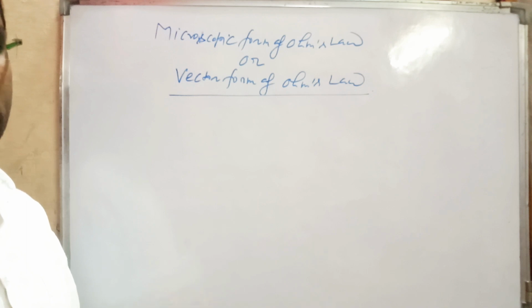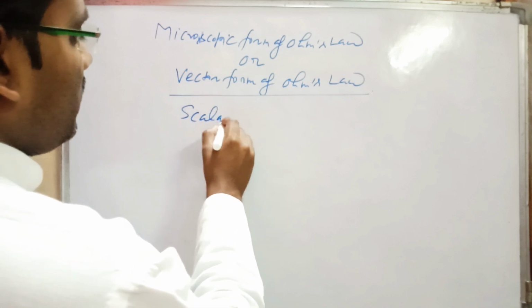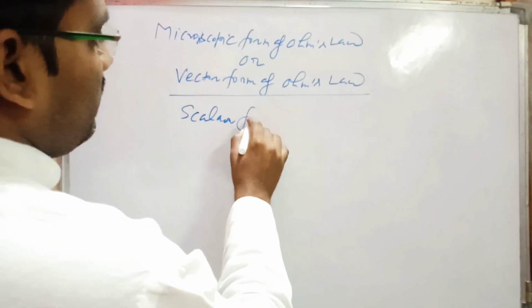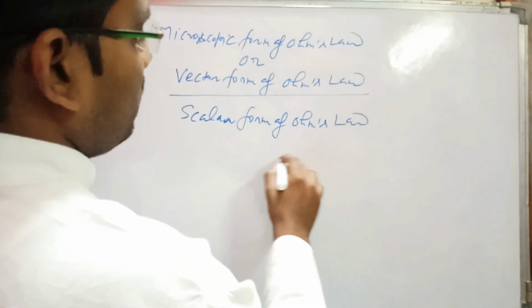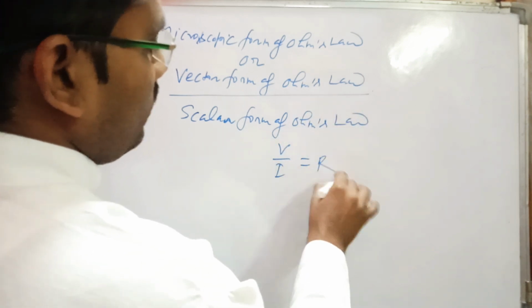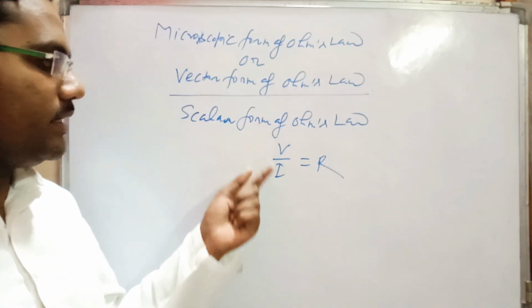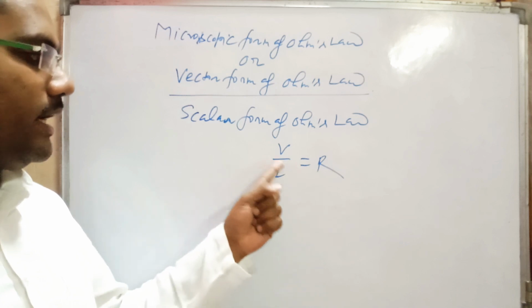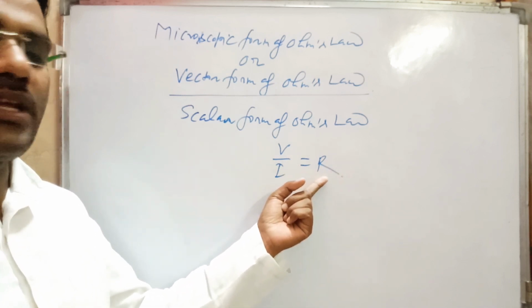That means at constant temperature, the ratio of potential difference to current remains constant and is equal to the resistance of the conductor. This is the scalar form of Ohm's law: V by I is equal to R, where V is the potential difference applied across the conductor, I is the corresponding current flowing in the conductor, and capital R is the resistance of the conductor.